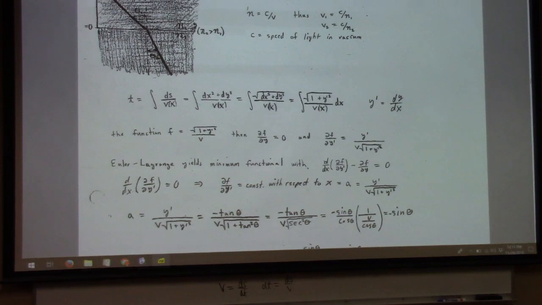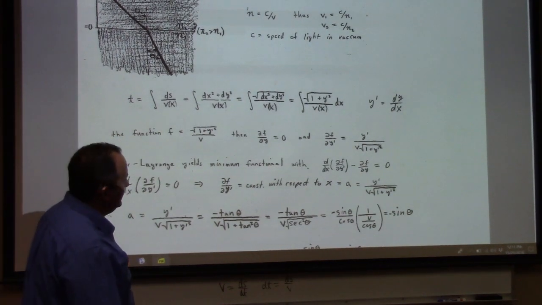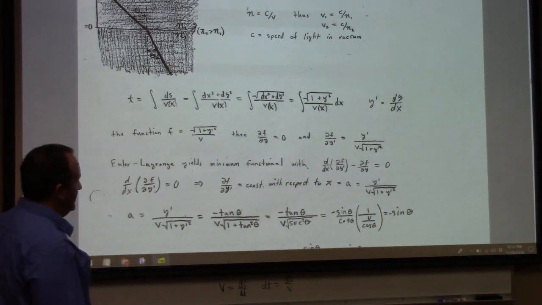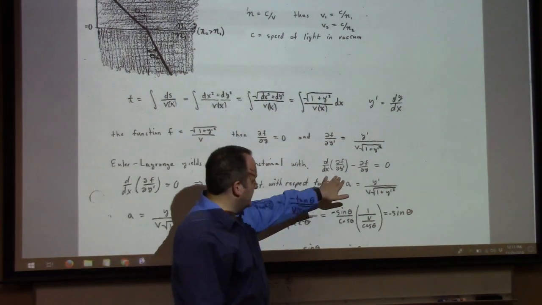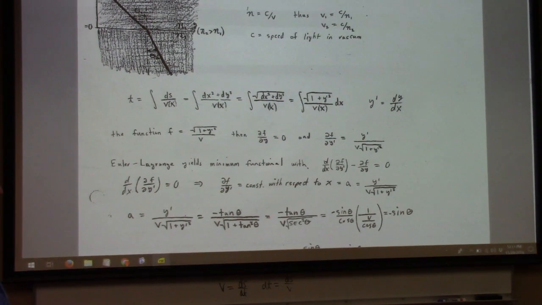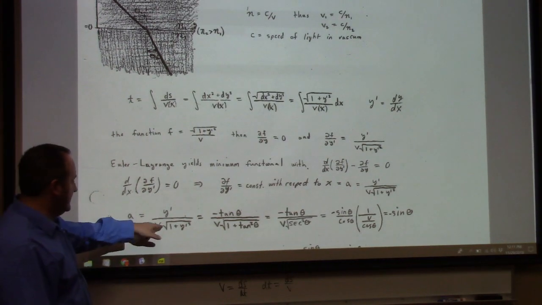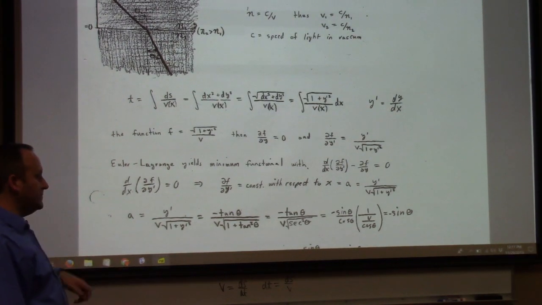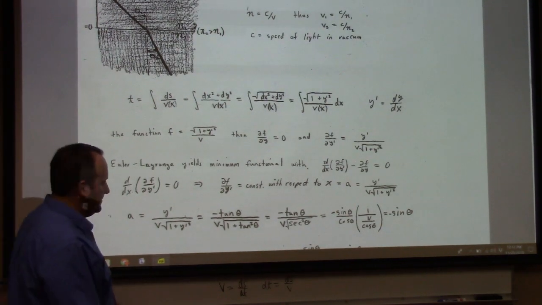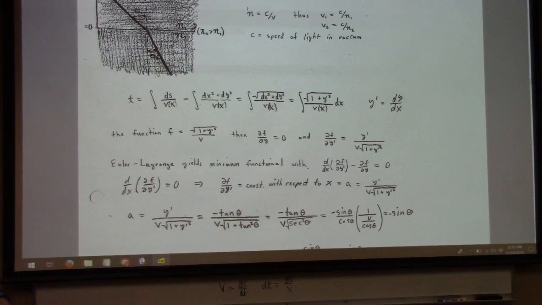That gives me partial f partial y prime is that, and partial f partial y is 0. So I get this Euler-Lagrange equation, and then I put in what it is, which is that y prime would be the tangent of theta, and so I get sine theta over cosine theta like that. And what happens here?